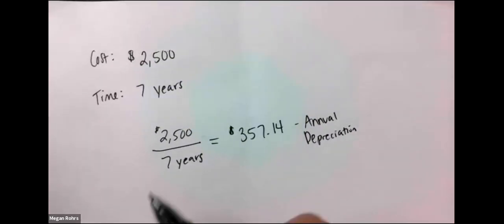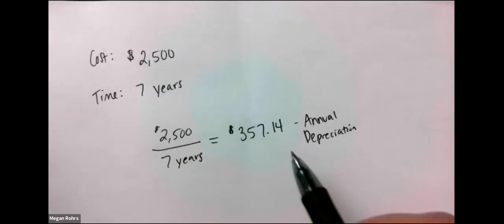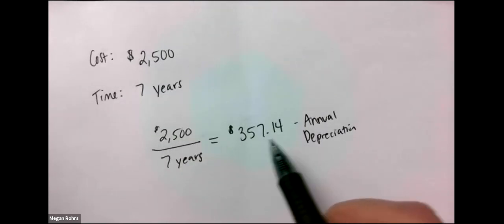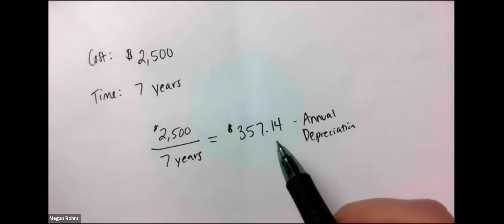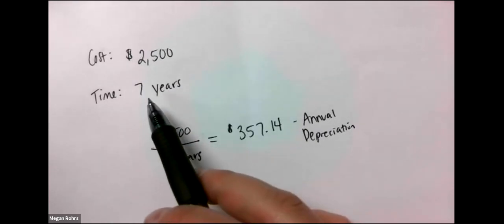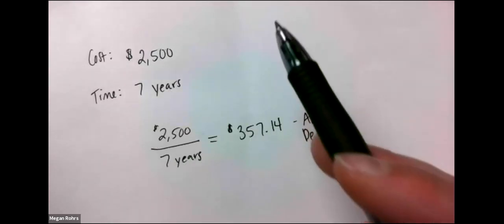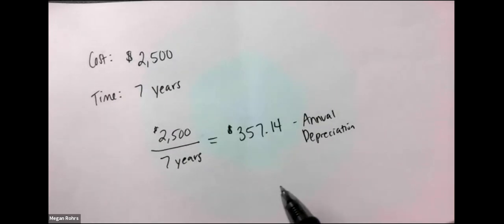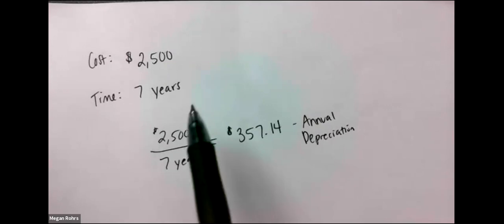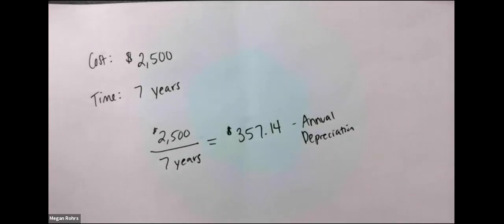So after the first year that we have this computer, it's going to lose $357.14 of value. So by the end of that 7 years, the value essentially is going to be 0. So very simple calculation there. Just take the cost divided by the estimated time of use in years.